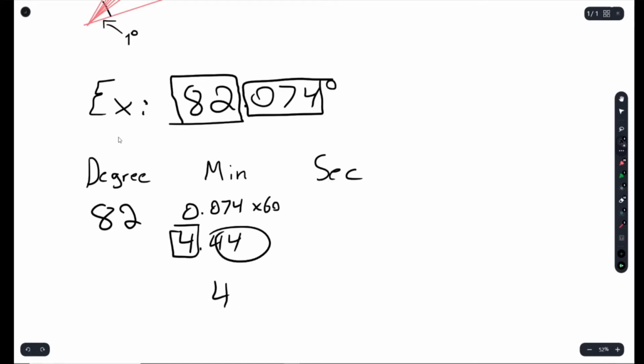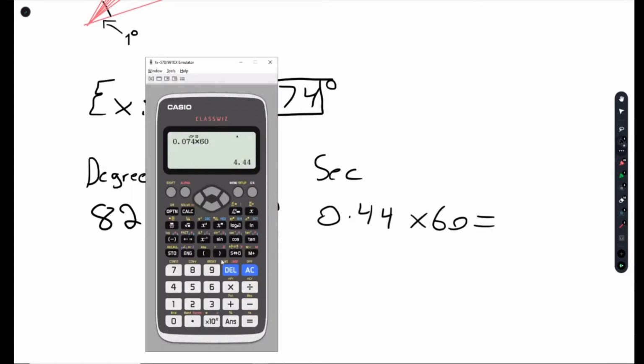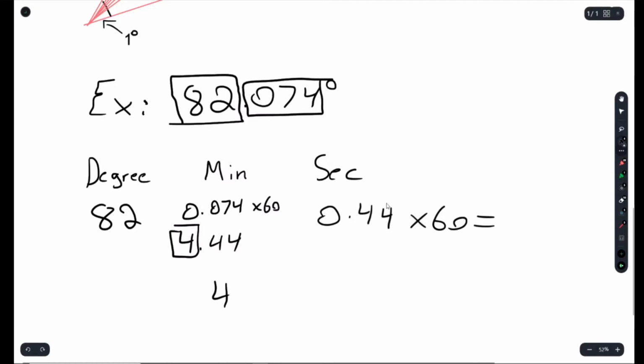And then you take the number after the decimal point, which is 0.44, and you multiply it by 60 to get the seconds. So again, 0.44 times 60 is 26.4.